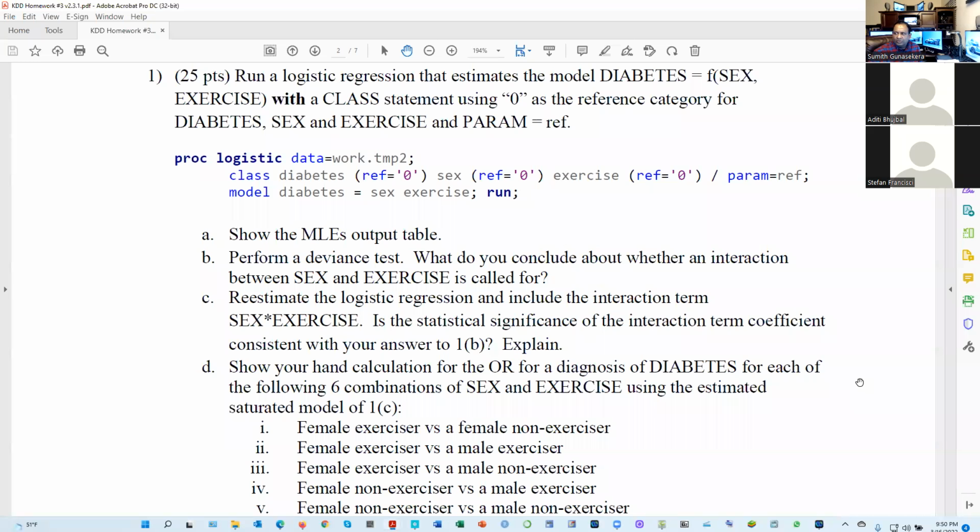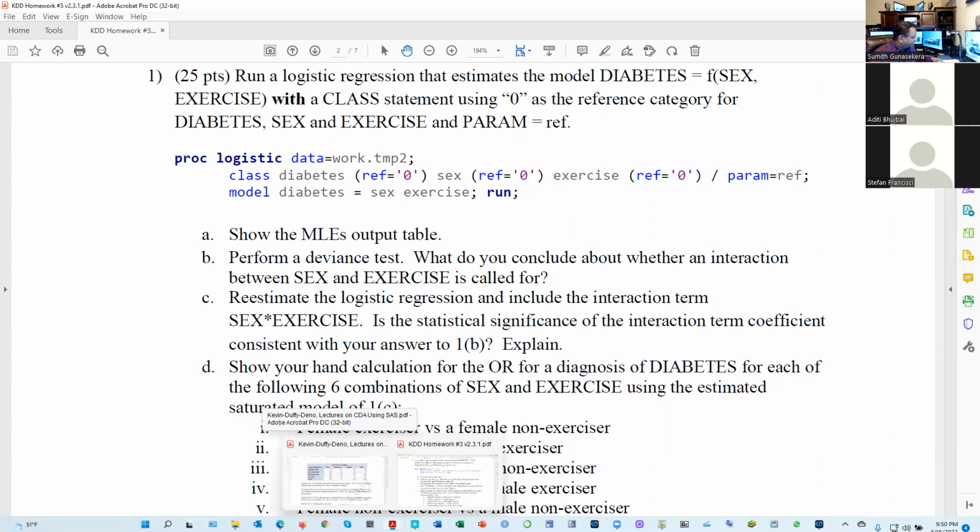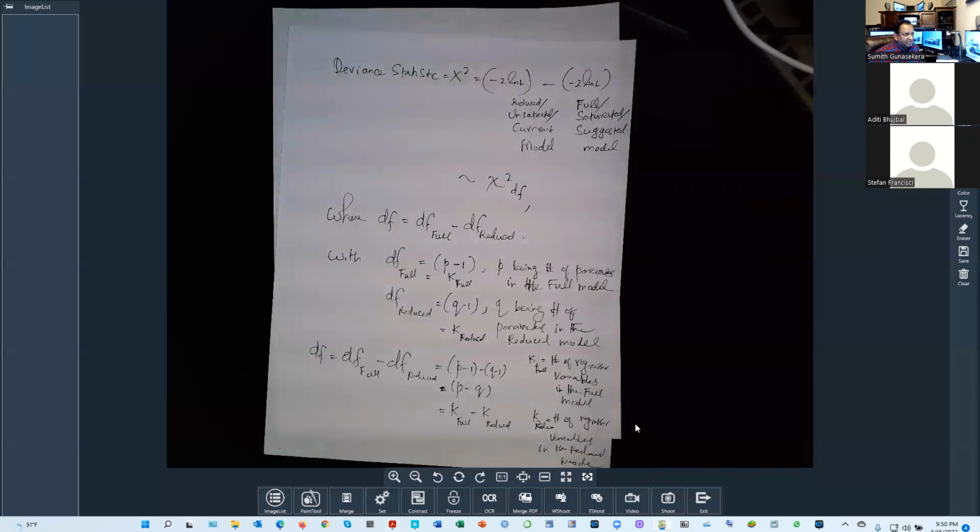Professor, what is the formula for the deviance statistic? Is it the log 2? Yeah, minus. Okay, I'm going to show you. Hold on, give me 1 second. Yeah, minus 2 log. You're right.